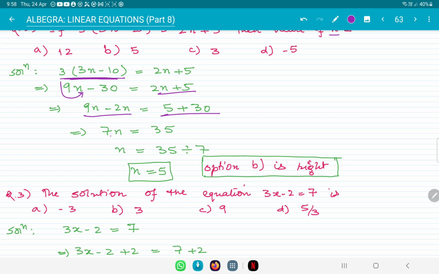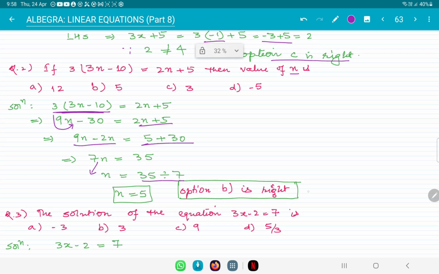Now we want to eliminate 7 also, because the coefficient of the variable should be plus 1. So we are dividing by 7, or transposing. So here I am transposing. 7 will go to that side. So 35 divided by 7 is 5. So see which option is right. So option B is right.